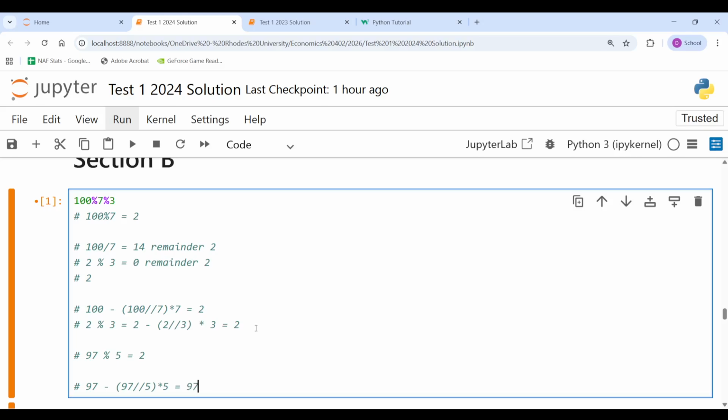Right, so that's 97 minus, what's 97 integer division 5? 19. What's 19 times 5? Does that make sense?